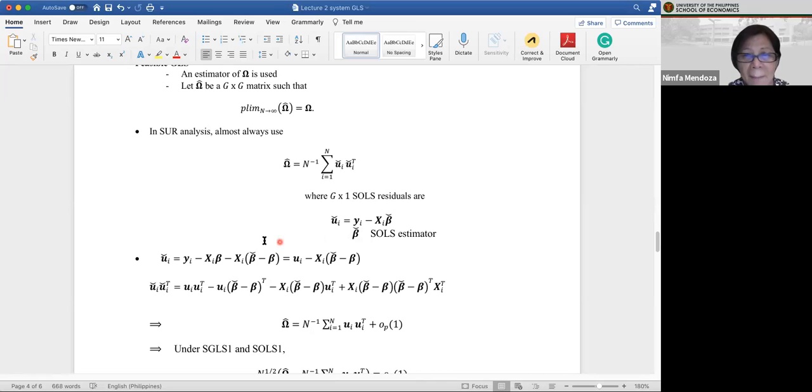But the trick I use is I subtract X sub I beta, but also add it back, so I still retain this equation. But Y sub I minus X sub I beta, if you look at our model, is just U sub I. So we have U sub I minus this third term, X sub I times (beta check minus beta).